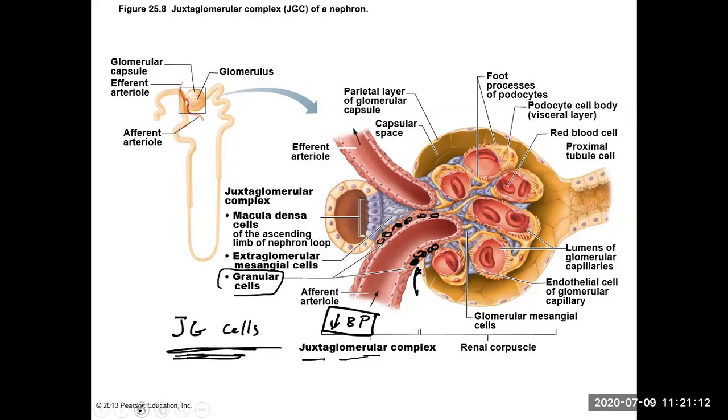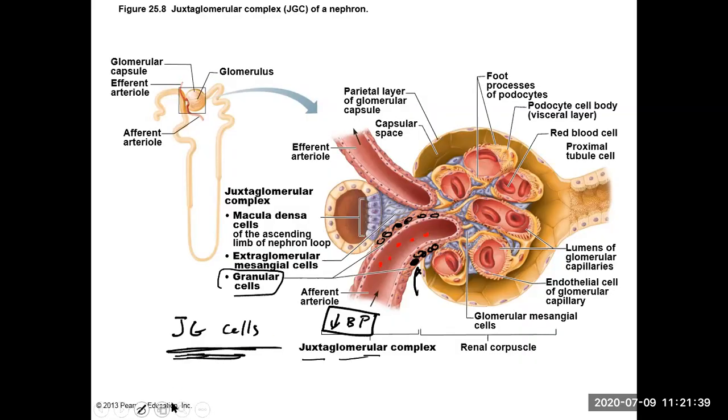All right? So say, for example, these are the renin. Now what? Now this renin is going to be in the circulation, and it is going to do something. It is going to convert angiotensinogen to angiotensin 1.